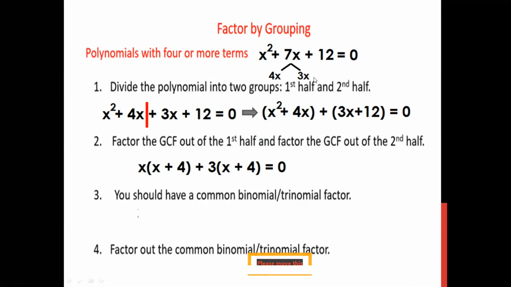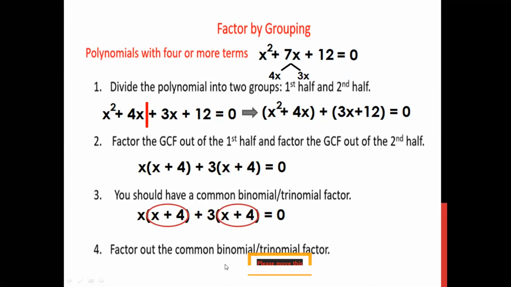And then make sure that we can get the same common binomial or trinomial. In this case, we have our common factor, which is x plus 4. Okay, we have x plus 4 and x plus 4. So then after that, we can copy it directly.